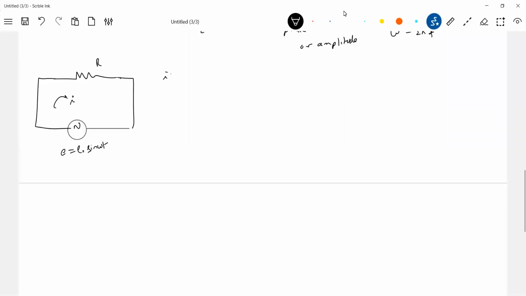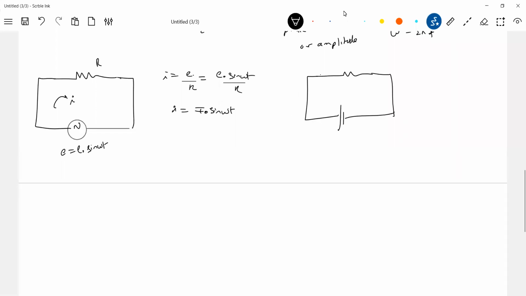And what is I? I is equal to E by R. The same thing I'm writing in detail again. So I is equal to I naught, or instead of I naught, you can write I M, any of the symbols. Then here I'll take a direct current source, a DC source.